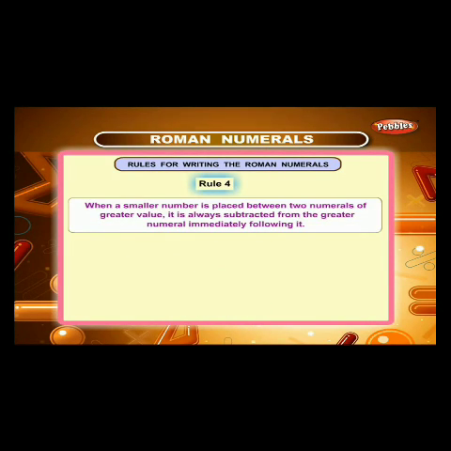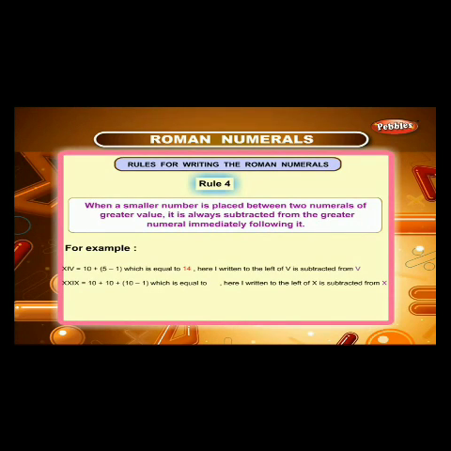Rule 4. When a smaller number is placed between two numerals of greater value, it is always subtracted from the greater numeral immediately following it. Example: XIV equals 10 plus 5 minus 1, which is equal to 14. Here, I written to the left of V is subtracted from V. XIX equals 10 plus 10 minus 1, which is equal to 19.